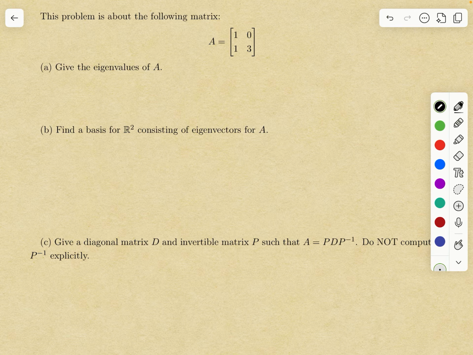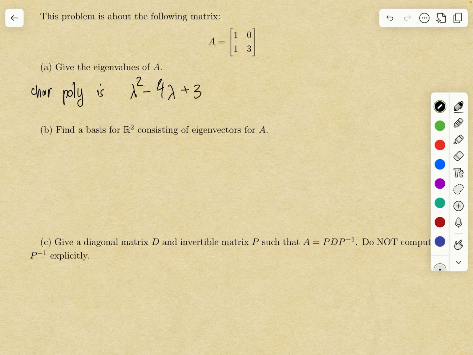And for a 2 by 2 matrix, there's a nice little formula for it. The characteristic polynomial is lambda squared minus the sum of the diagonal entries, so it's minus 4 lambda, and then plus the determinant, so plus 3.